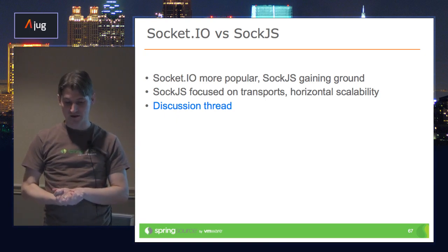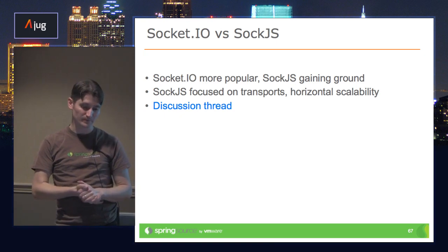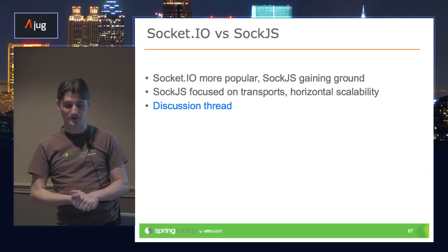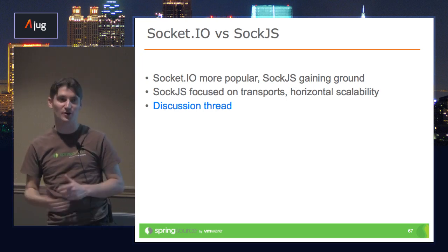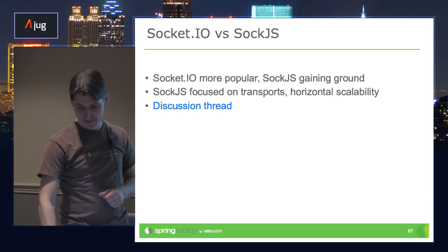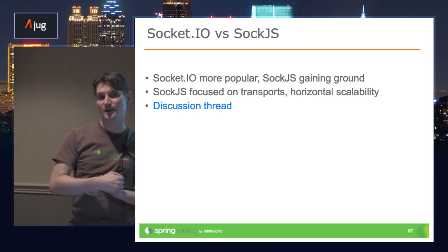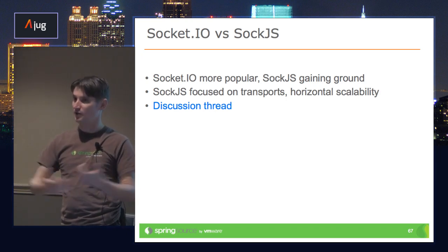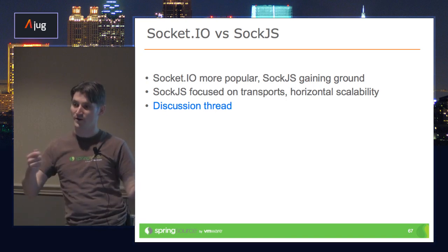And SockJS focuses purely on the transports, versus adding some of the added stuff that Socket.io provides. There's a little discussion thread that talks about pros and cons. It seems that SockJS is gaining more ground versus Socket.io. So something to look into if you develop your own solutions, one or the other.